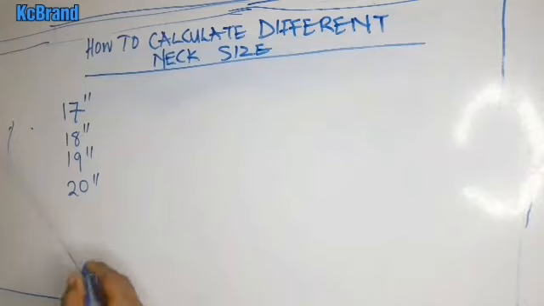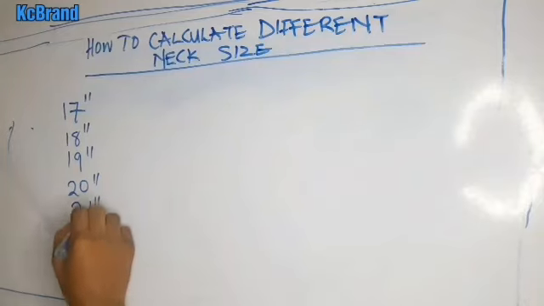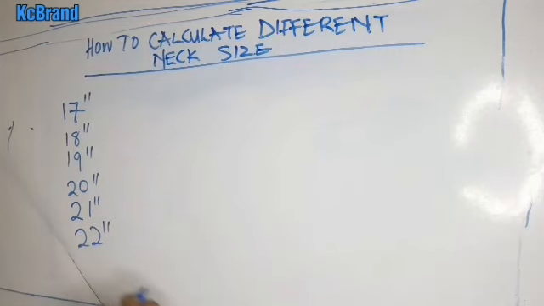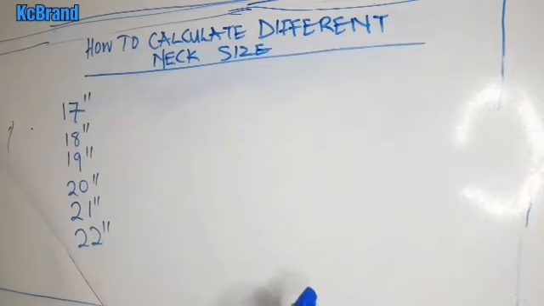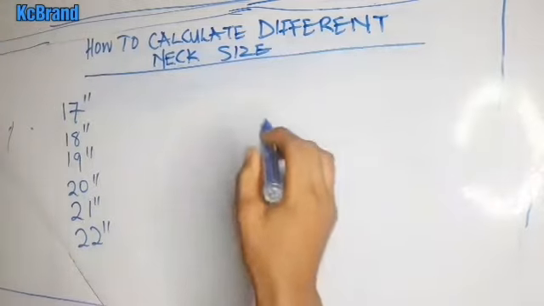So those ones will have a neck size of like 21, 22. Though from my own experience in this field, the widest neck I've dealt with is 22 inches. The man's neck is very thick. But I will try and explain everything to you so that if you want to work with any of them, you will know how to calculate it. So now let's get started.